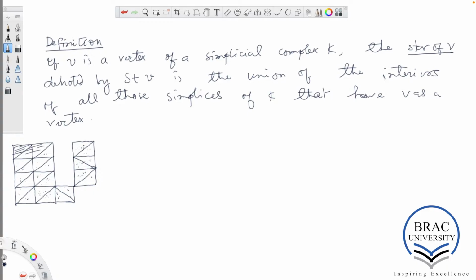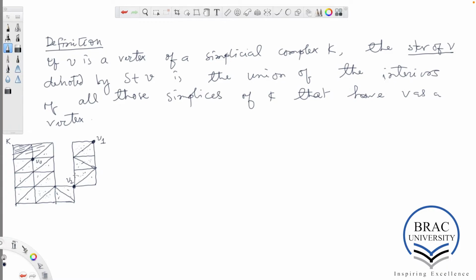Now, let us denote this vertex of this complex K by V0. This vertex at the upper right corner as V1, and this vertex here as V2.